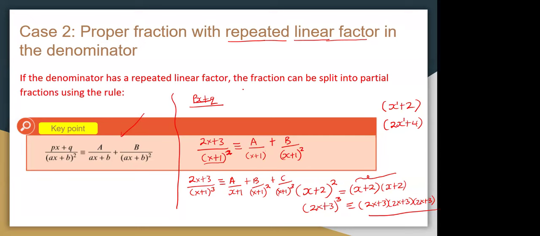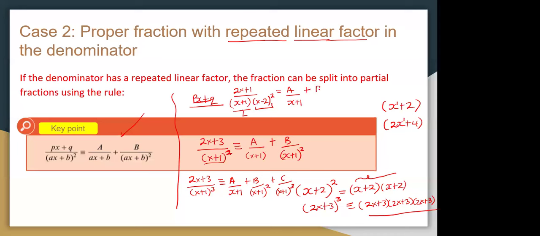Sometimes it can also be combined, whereby you can have 2x plus 1 out of x plus 1 and then x minus 2 squared. When you look at this one, x plus 1 is not a repeated factor, but x minus 2 is a linear repeated factor. Still you do the same thing. I'll first say a out of this one that is not repeated, which is x plus 1.